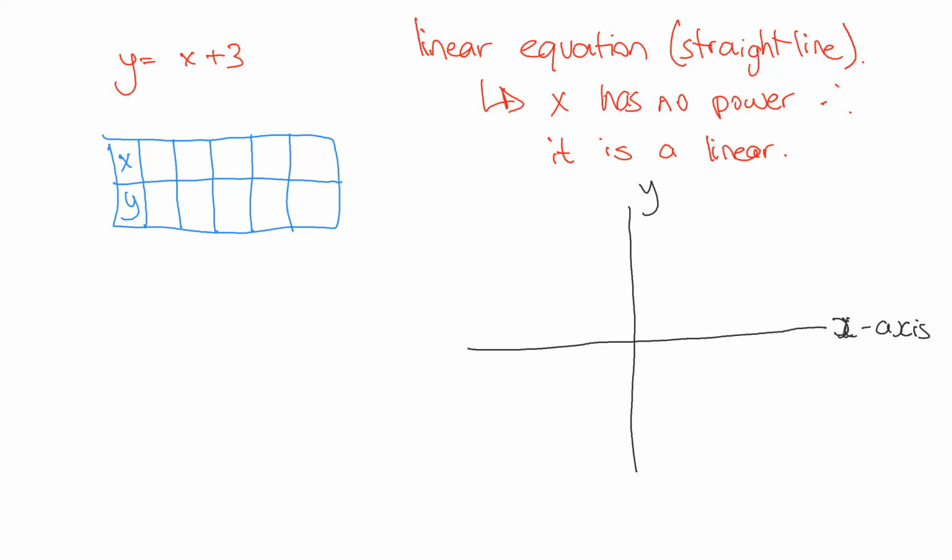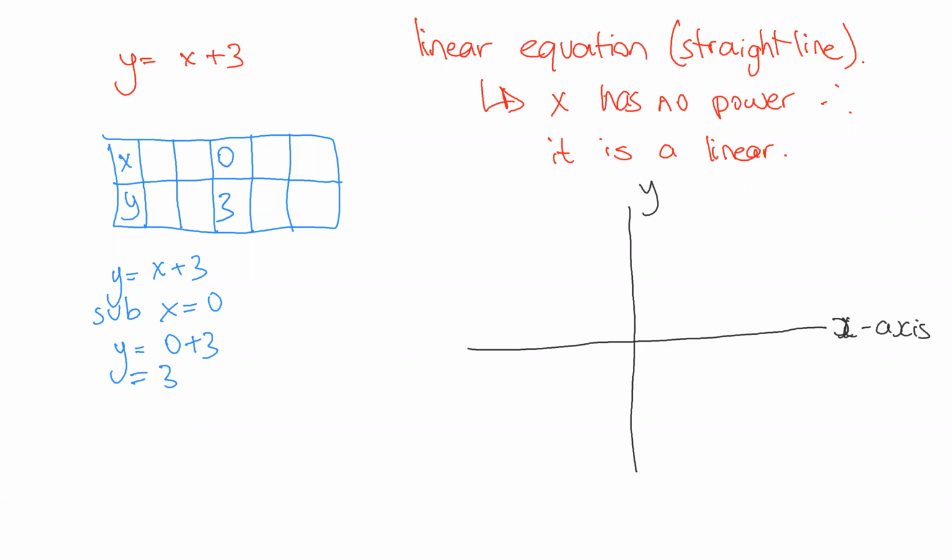For example, I like to start with x equals 0. I want to see where y is when x equals 0. So I'm going to put 0 in the middle. If I write down the equation and sub, which means substitute, x equals 0, then y is going to be 0 plus 3, and that's going to be 3.